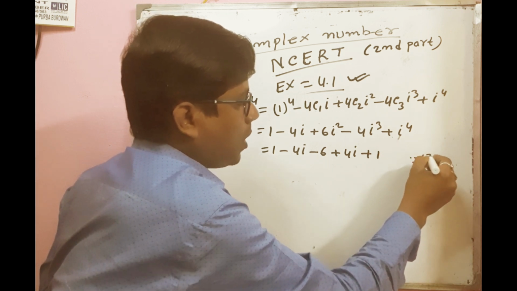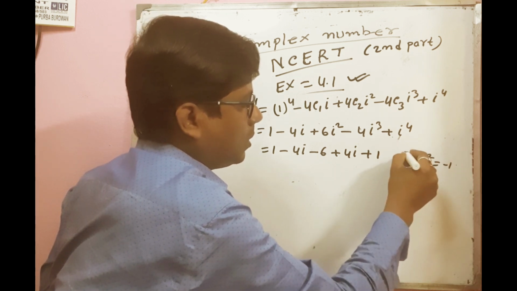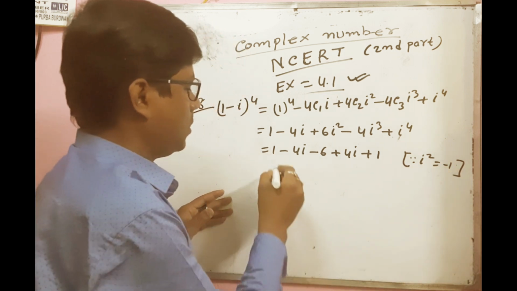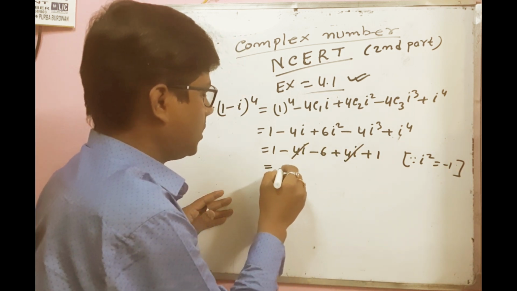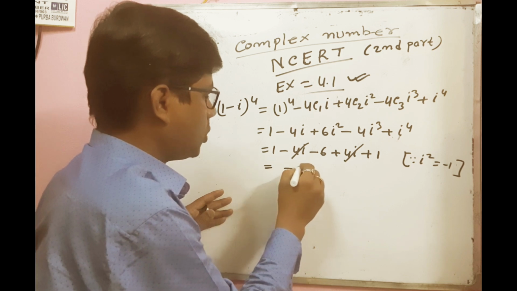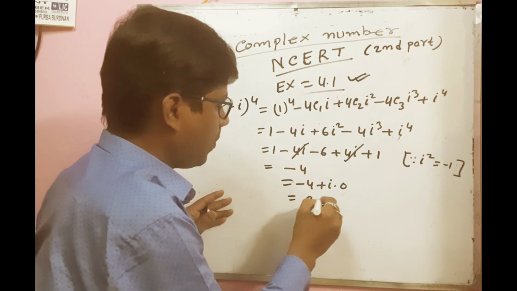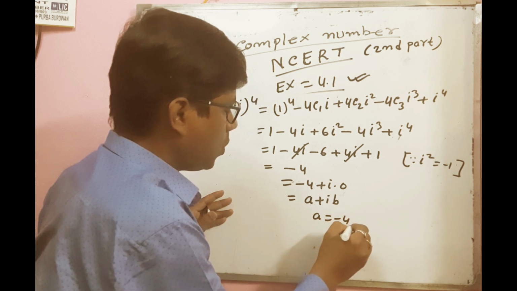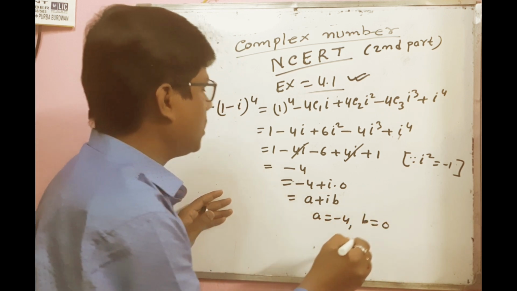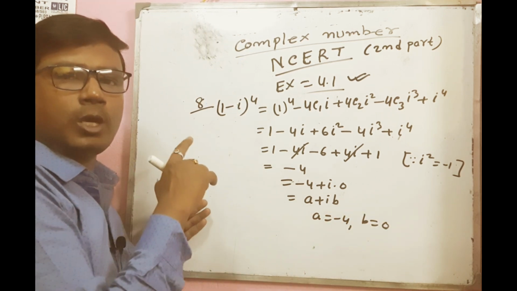Since i square is equal to minus 1, these two vanish. Now minus 4 is there. This is the a plus ib form, whereas a is minus 4 and b is 0. This is the completion of 8.